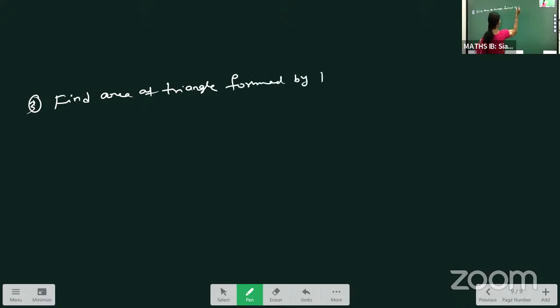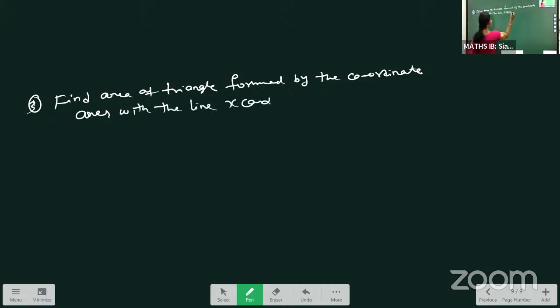Question number 3. If the question is asked like this: find the area of the triangle formed by the coordinate axes with the line x cos alpha plus y sin alpha is equal to p.